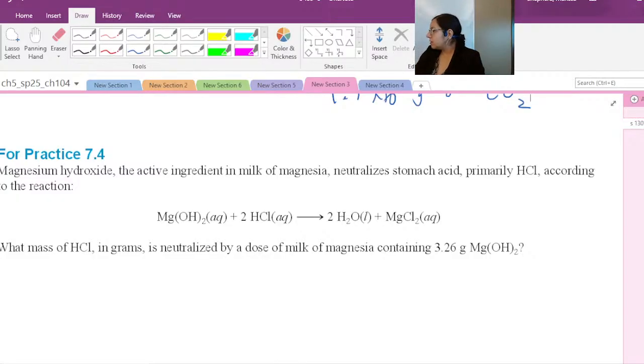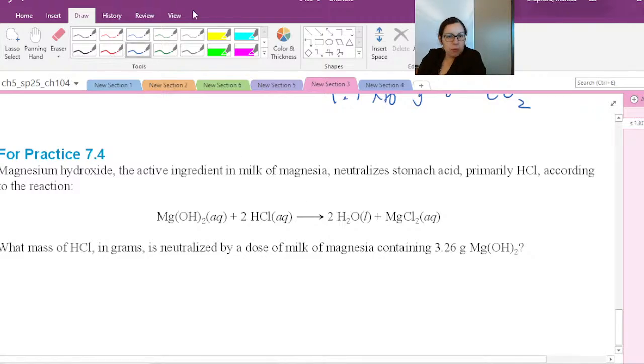So let's just see where everybody's at with this problem. What extra information did you have to calculate before you started diving into everything?